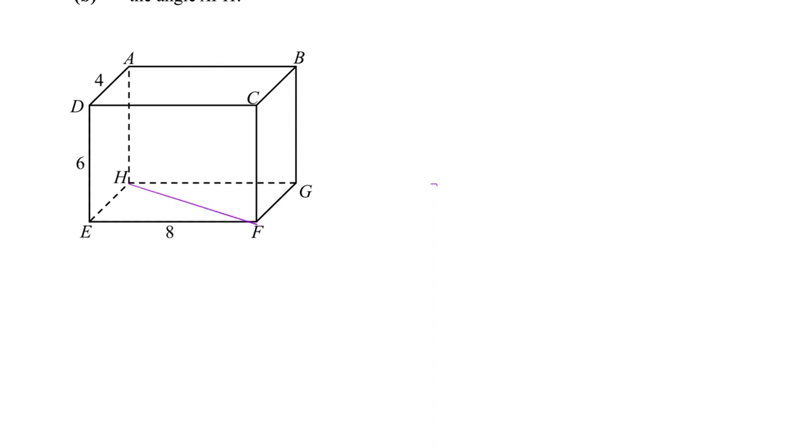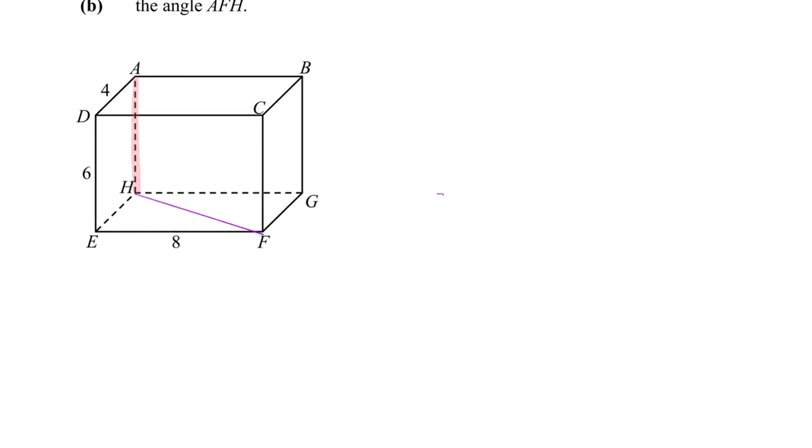but now I would need you all to see another triangle. Since we are talking about AFH, I am going to add another line connecting A and F. To highlight it, and then I hope you can see that there's another right angle triangle in the 3D space.